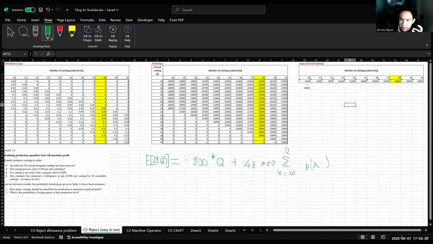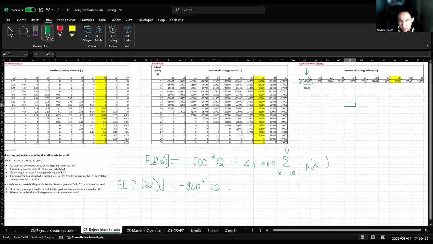Now I'll do it by hand to show you, okay? So where do we have this number, minus $6,500? If we want to calculate the expected profit for that scenario, where Q is 20, we just need to plug the numbers into this equation.